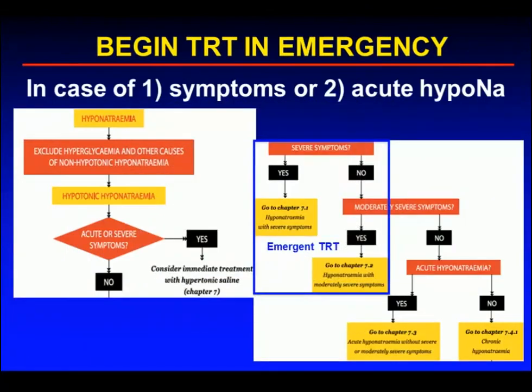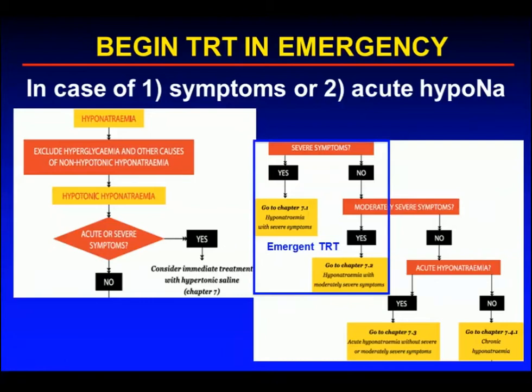So then, after you have the diagnosis of severe or moderate hyponatremia, I will give you only some treatment for this situation, not for chronic situations. You have to consider the symptoms first, as you can see, and then if it's acute or not. And if you have severe symptoms, you have to go directly to an emergent treatment.